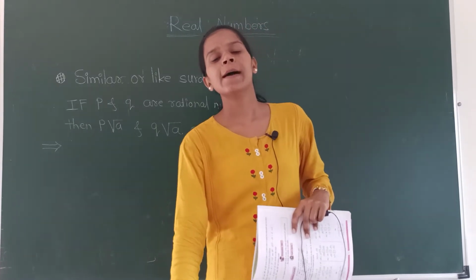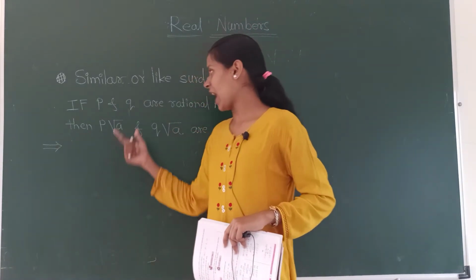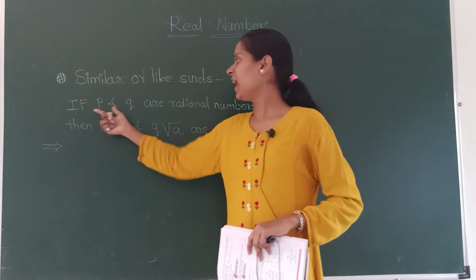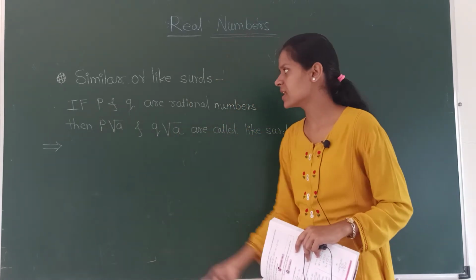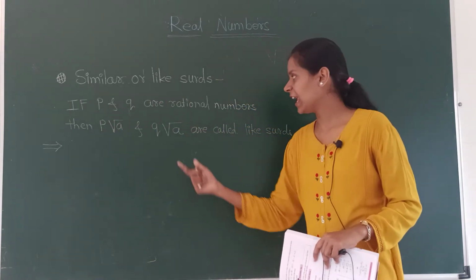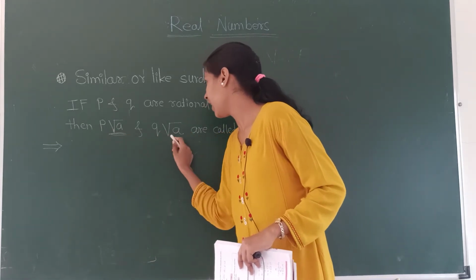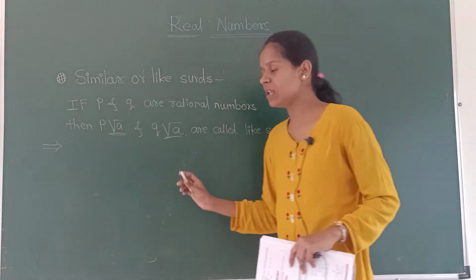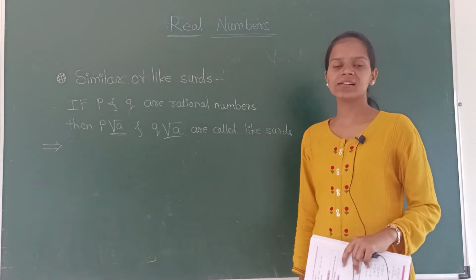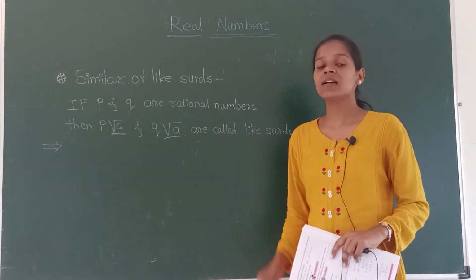Suppose P and Q are two rational numbers. Then P under root of A and Q under root of A, you can see, under root of A and under root of A are similar, and are called like surds. Why are they called like surds?